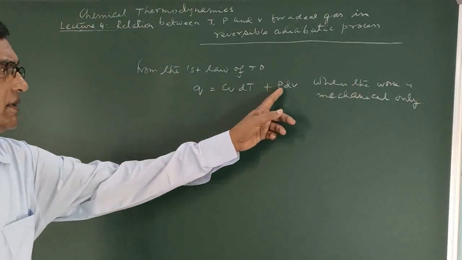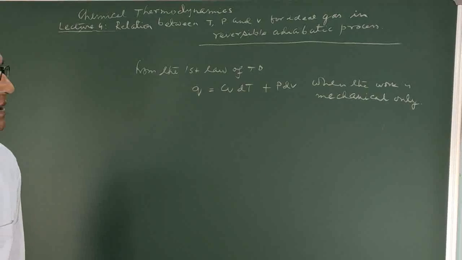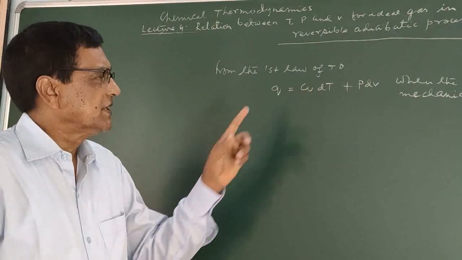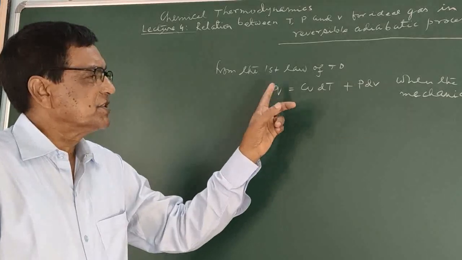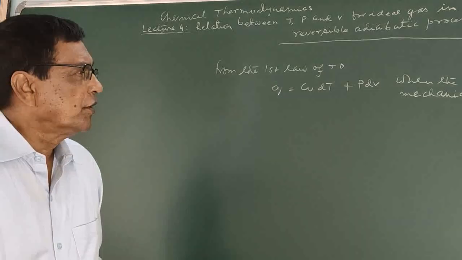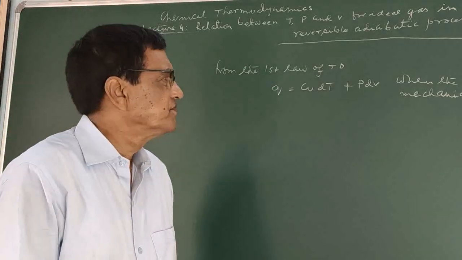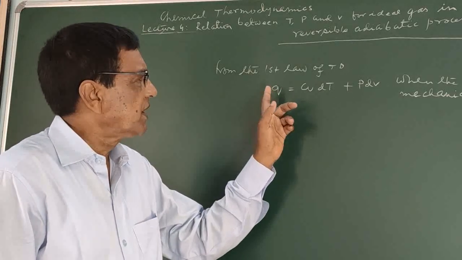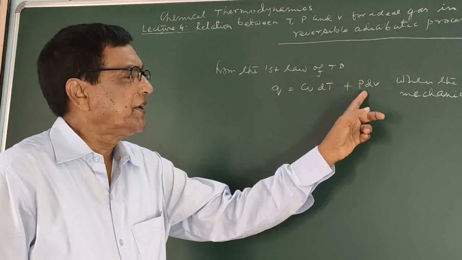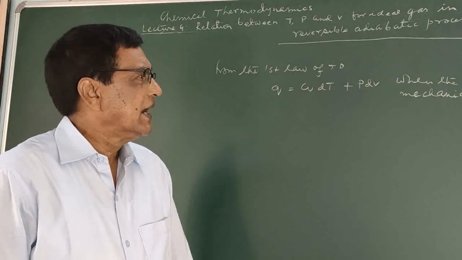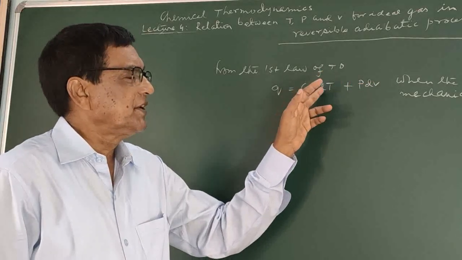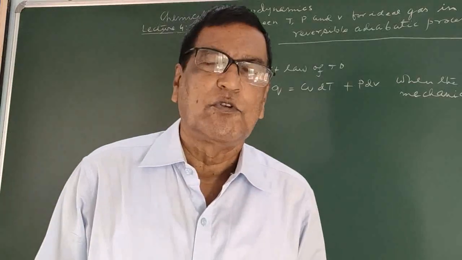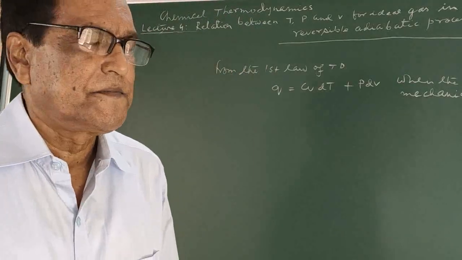And this is the work done by the gas, and this is the temperature. Q amount of heat is supplied to this system containing 1 mole gas, and this absorbed heat will do some mechanical work and increase the temperature by dT amount. Cv is the molar heat capacity at constant volume for that gas.